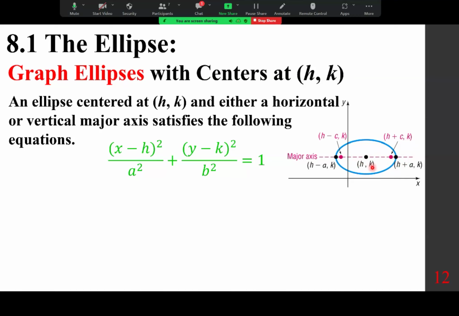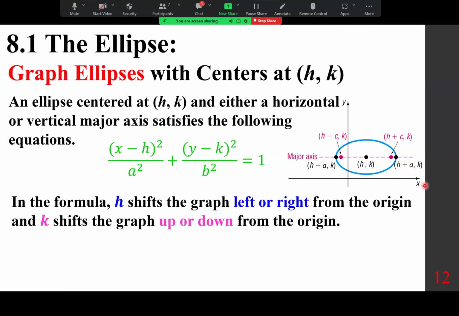The y coordinate remains as k, and that's the idea. We are assuming a is larger than b. The major axis is along the x-axis or parallel to the x-axis. In the formula, h shifts the graph left or right from the origin, and k shifts the graph up or down from the origin.